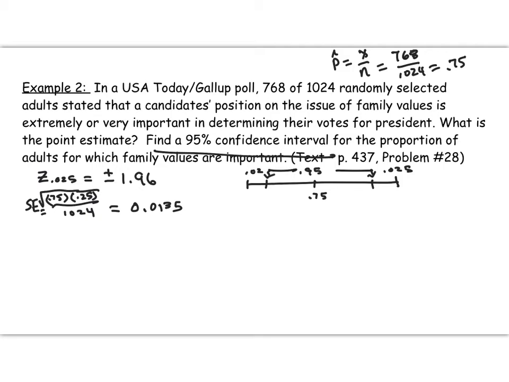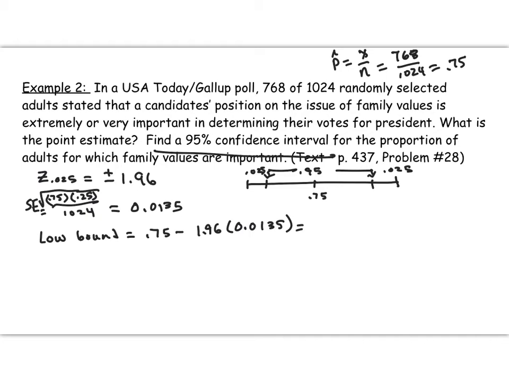So we have 95% in the middle and 0.025 on each end. So our lower boundary of our confidence interval, the lowest boundary we think that the proportion of the population is, is 0.75 minus 1.96 times 0.0135.